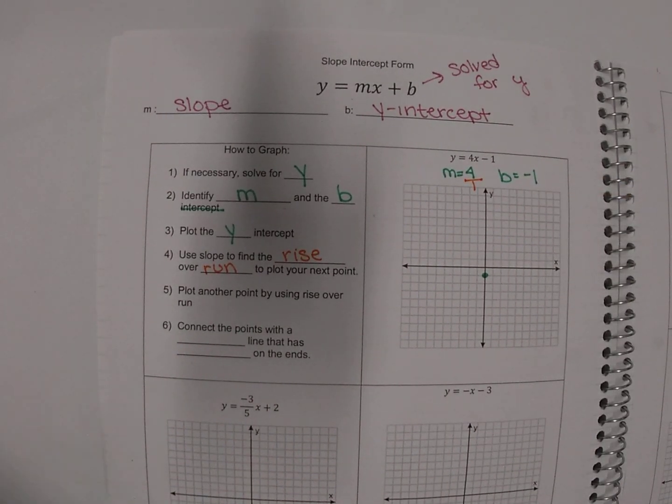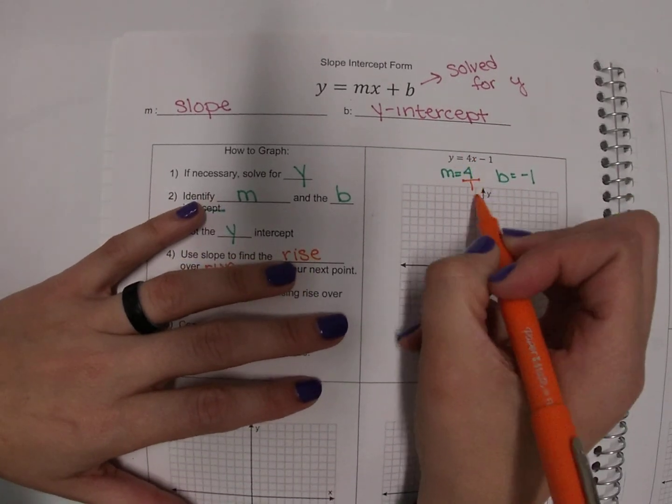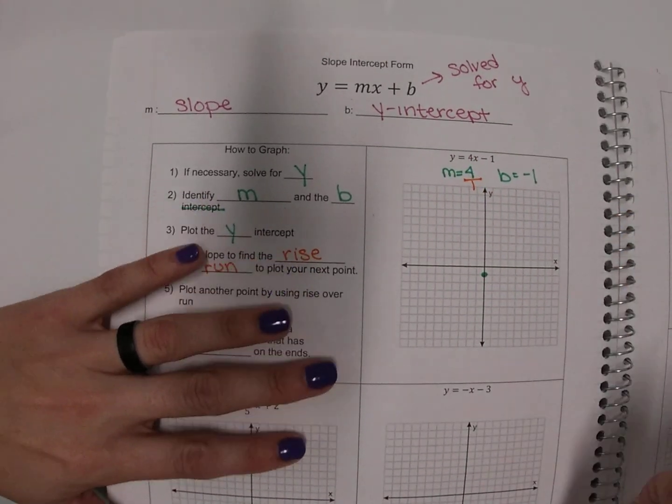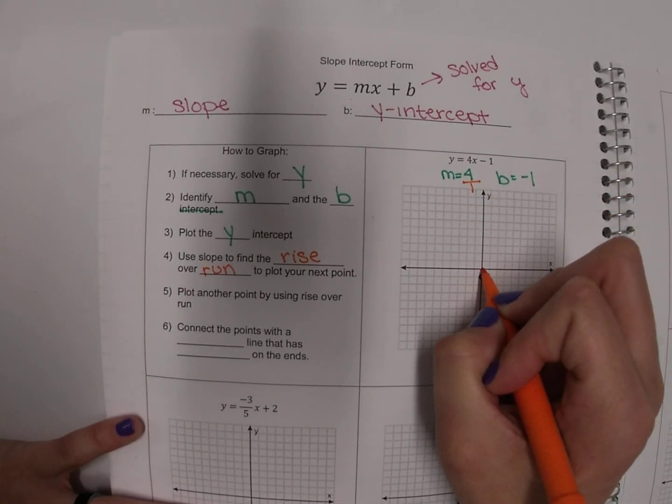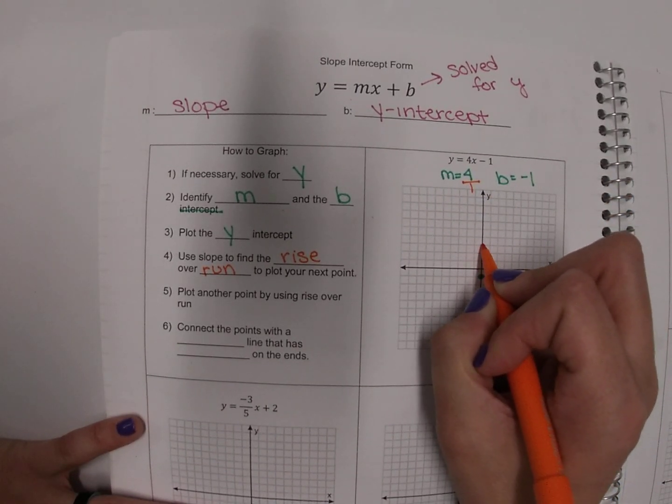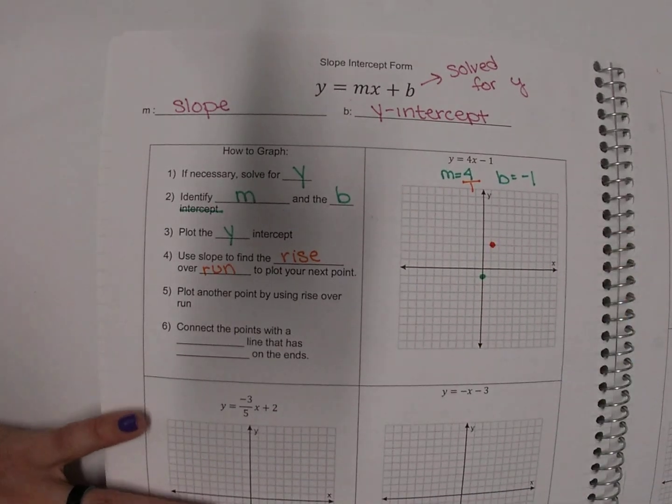Okay, so we're now going to go in reverse order of what we did yesterday. Instead of counting how much we rise and run from one point to the other, this is telling us the counts we need to make to get from one point to the next. So we are going to rise 4. So we're going to go up 1, 2, 3, 4, and over 1.